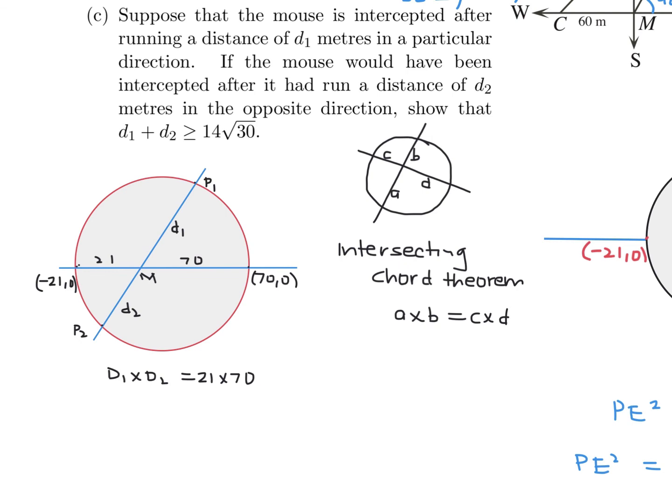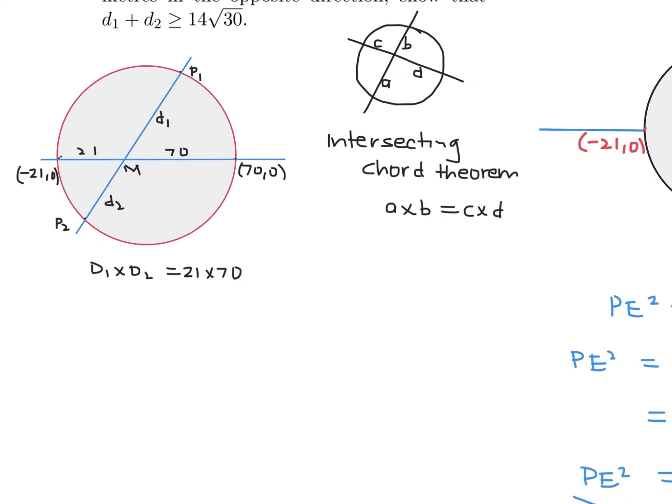Then the next part is something that is fairly famous, AM-GM. If you haven't heard of it, no problem. It is arithmetic mean, geometric mean.